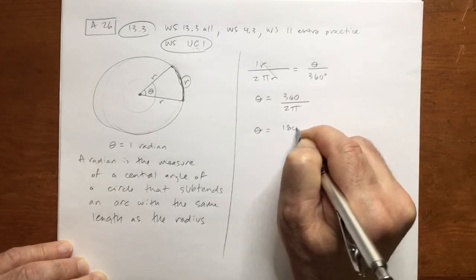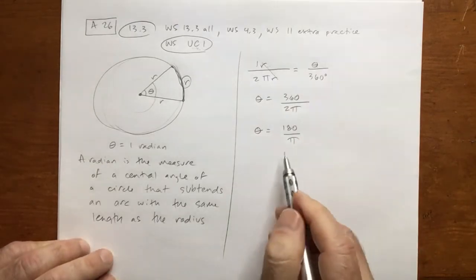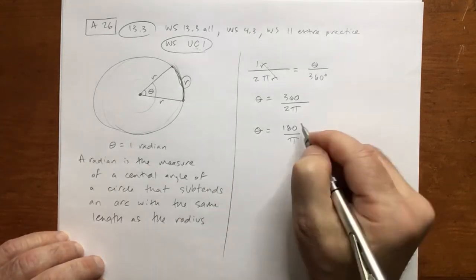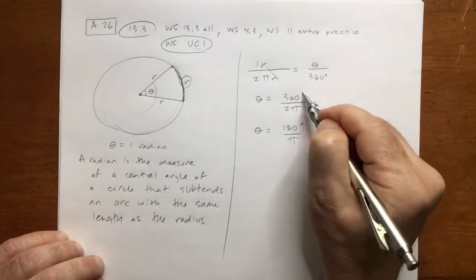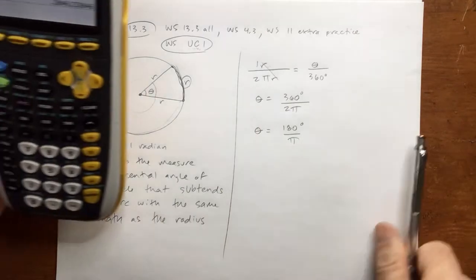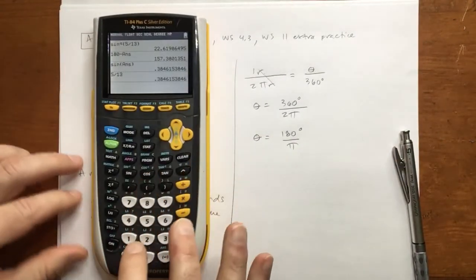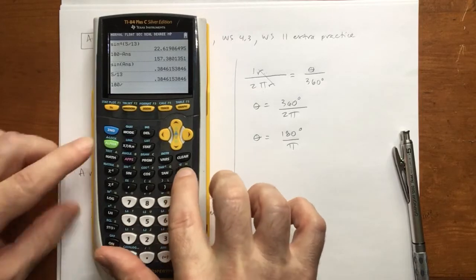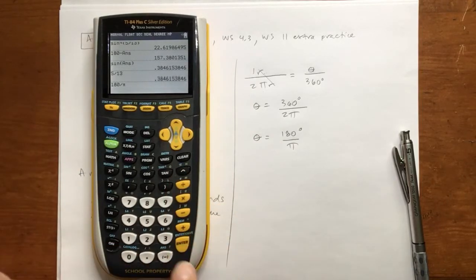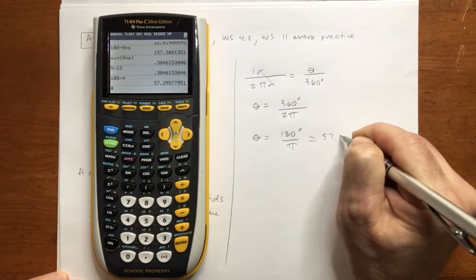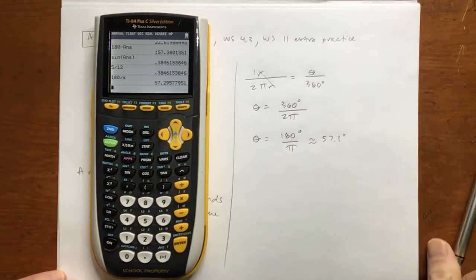And I discover that 1 radian in degrees, because I have the degrees, I should have kept them the whole time, is exactly 180 over pi. So let's see approximately what that is. 180 divided by pi. It's approximately 57.3 degrees.